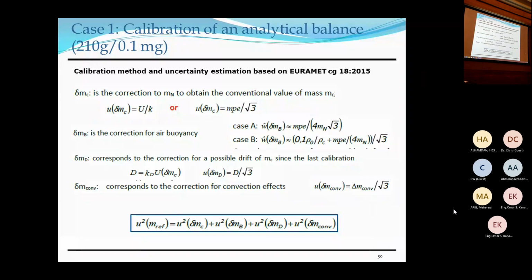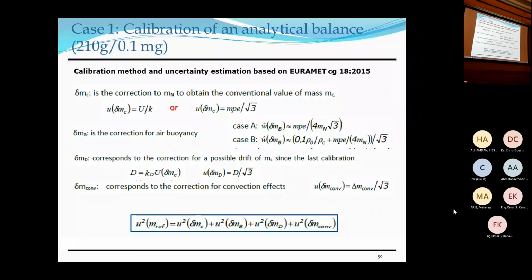I mean, there are many ways of dealing with this, but this is the simplest way of doing it. It's probably an overestimation, but it's the simplest way, and I don't think that there's a need to go into more detail on this. So it's a relative value, as you see, and it's the maximum permissible error divided by the nominal value, divided by 4, divided by the square root of 3.